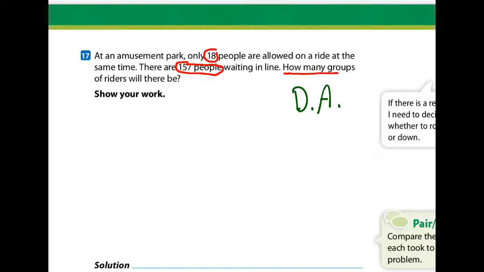So I'm going to do 157 divided by 18. Now, I know 18 times 10 is 180, right? And you can't do 10 anyway. But it's not that much higher than 157. So I'm going to work down and do 18 times 9.